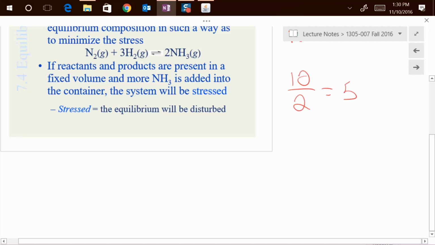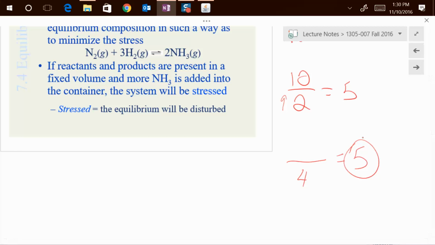So then we change the concentration of the reactants, and everything has to shift. If we increase this reactant, and it reached equilibrium now, it's at 4 instead of 2. This number stays the same because that's the equilibrium constant. That's what equilibrium has to get to. It has to reach 5 again.